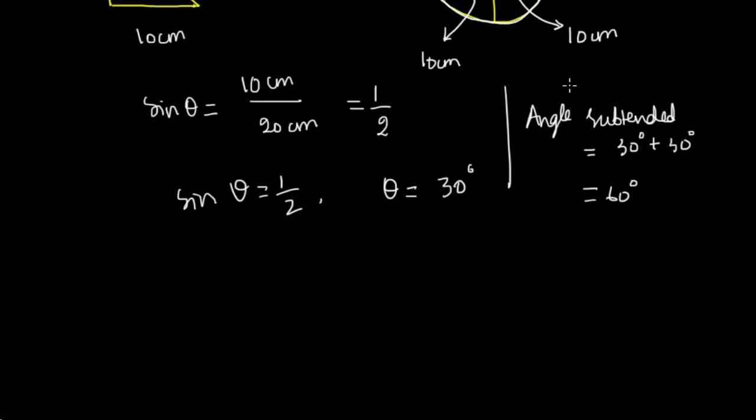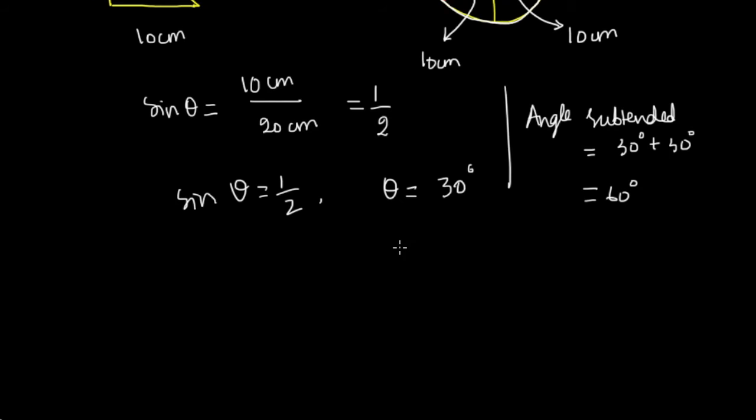Now since we know that this chord subtends an angle of 60 degrees, which is some part of the total 360 degrees, we can find out what the length of this arc is, because that would also be the same part of the whole circumference, right?